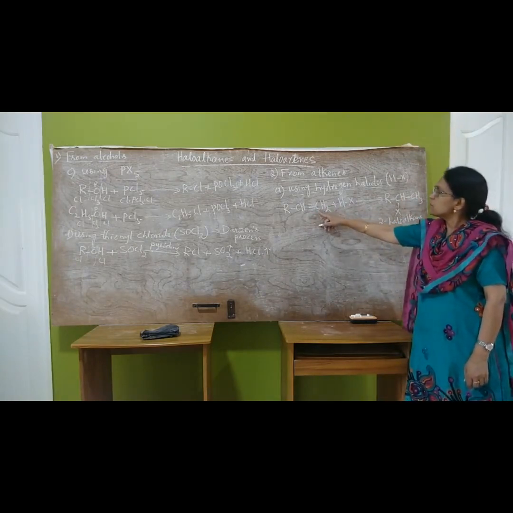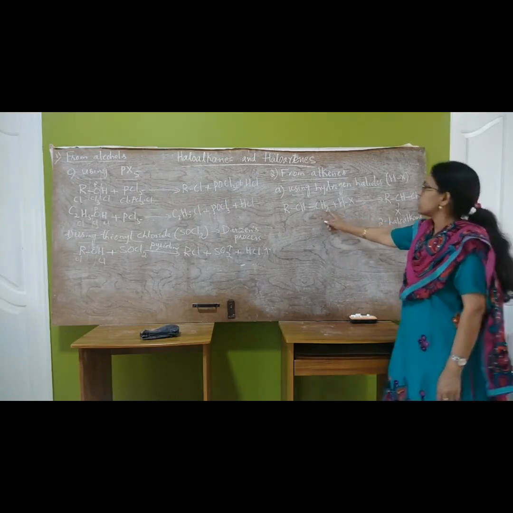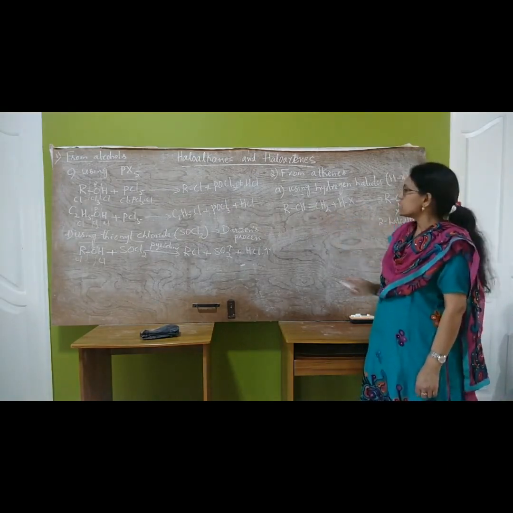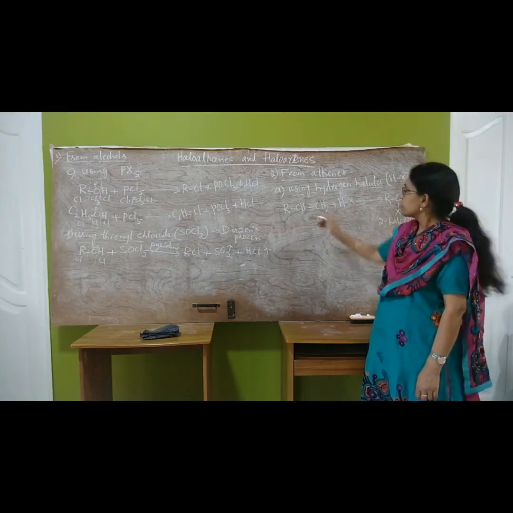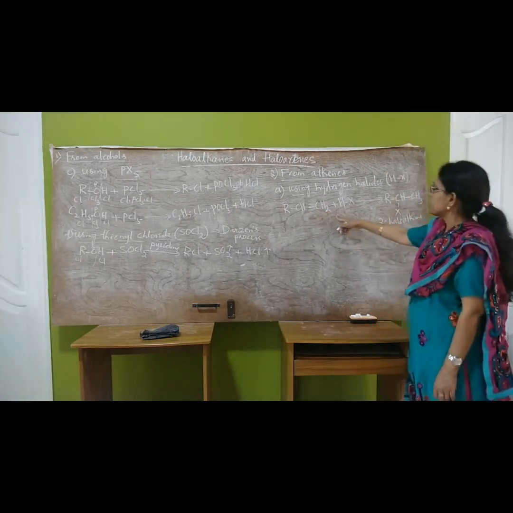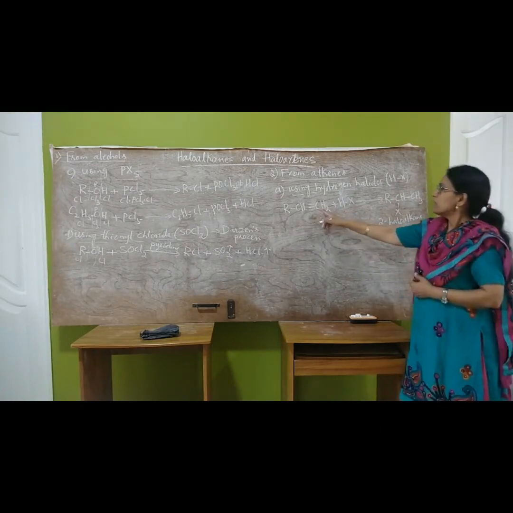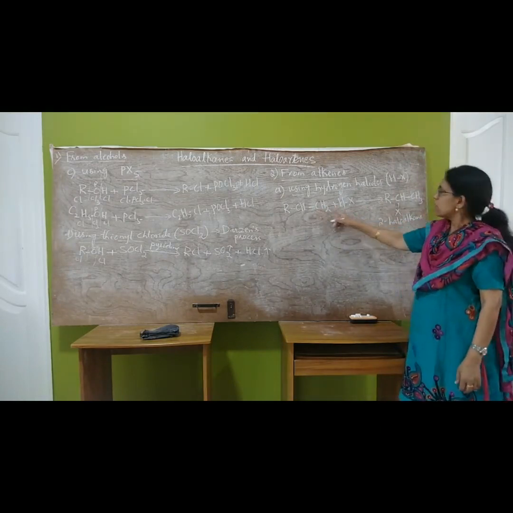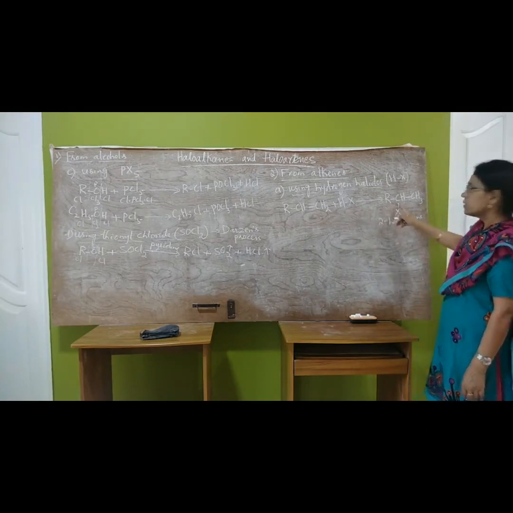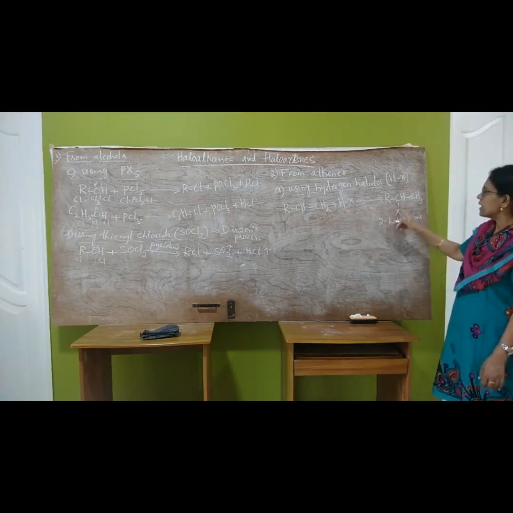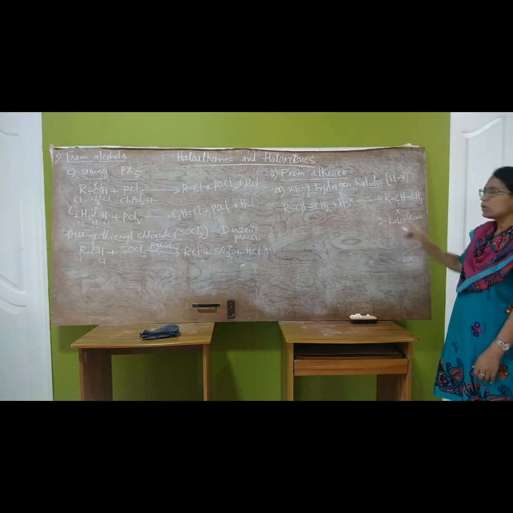This addition is of an unsymmetrical alkene. If you consider CH2 double bond CH2, ethene, this is symmetrical. This one is an unsymmetrical alkene. So, when this unsymmetrical alkene reacts with hydrogen halide, the addition takes place according to Markovnikov's rule.